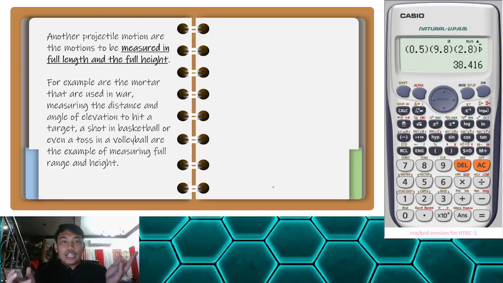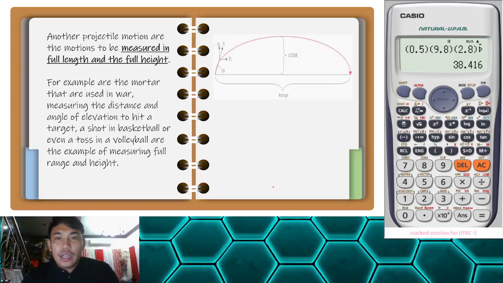That is the full range motion. Okay, so here is the example. Start from here, all the way to this position. So here is what we call the full range motion.